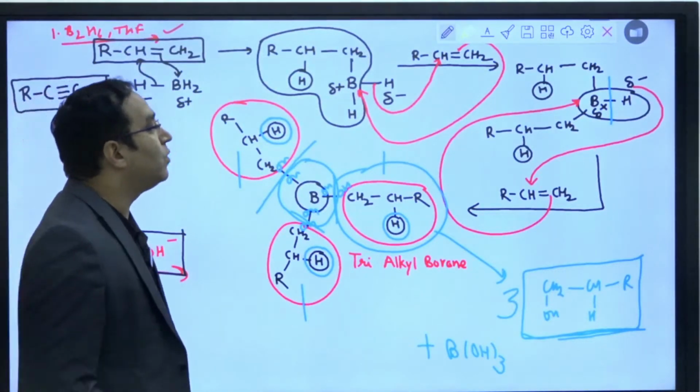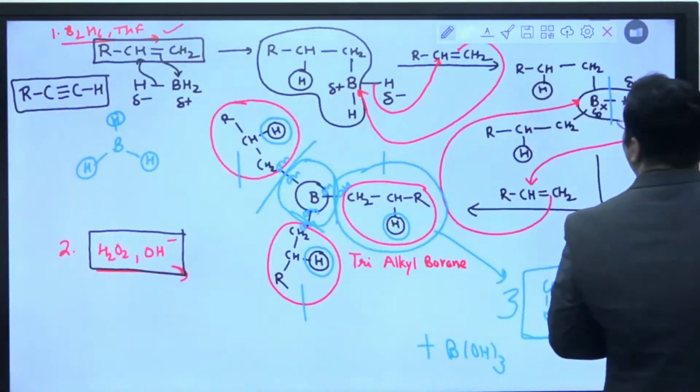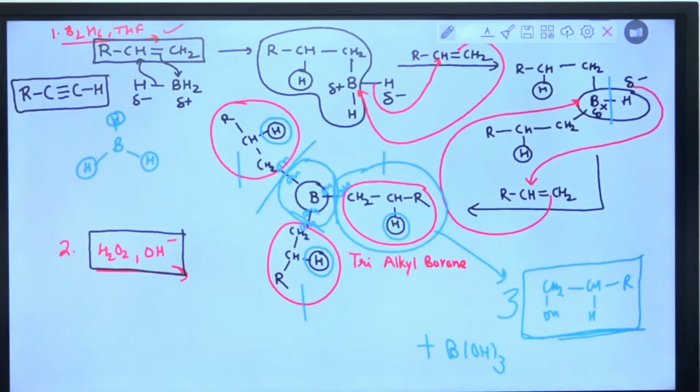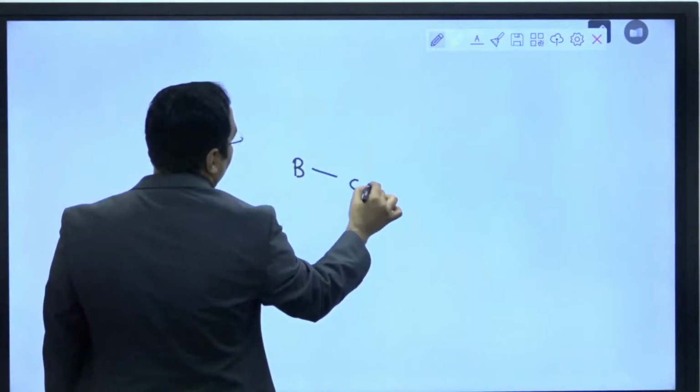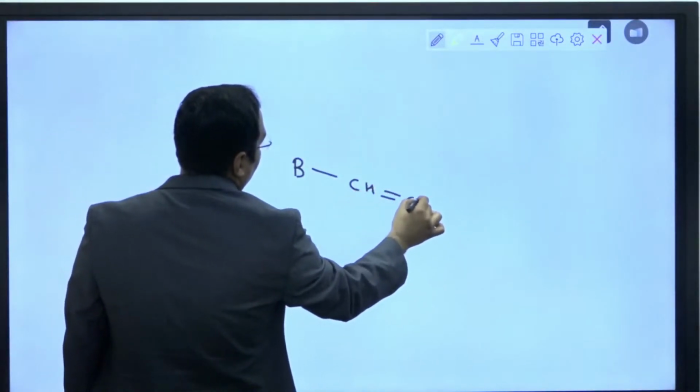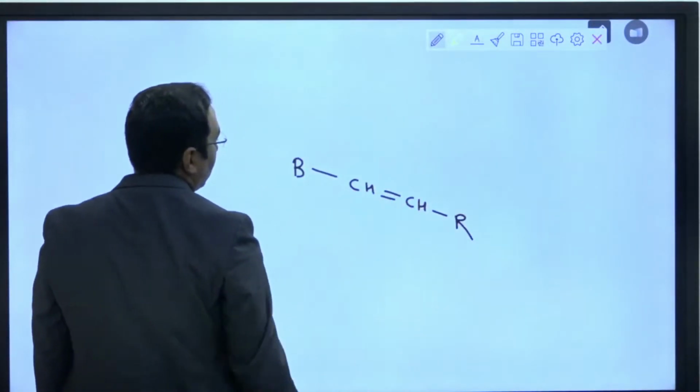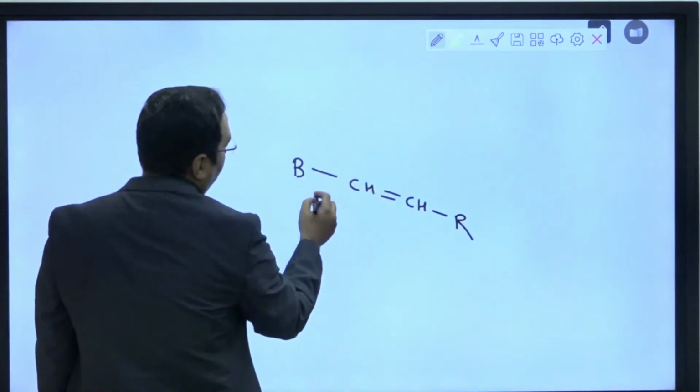So my question to you was, if I replace this double bond and I would have taken a triple bond, what will be the change? So I hope all of you can observe that the change would be, your compound will be like this. See, 1, 2, 3. Right?